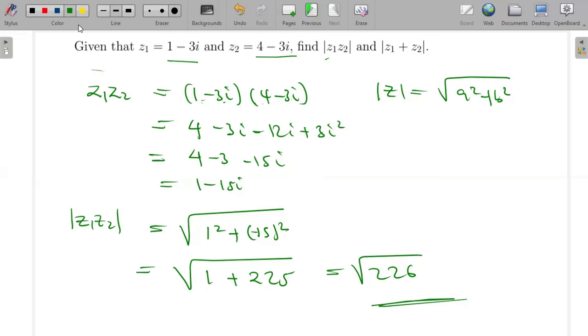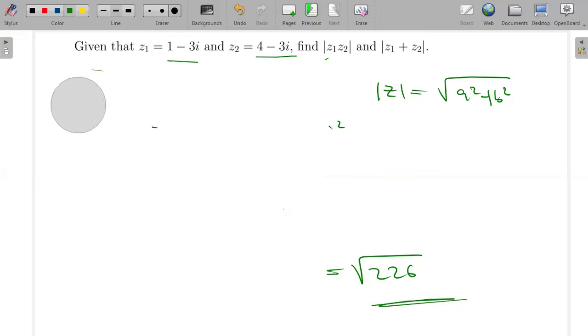All right, so let's move on now to the next one. So the next one, you have getting the absolute value of z1 plus z2 like this, but then you're adding first. So let's find z1 plus z2.